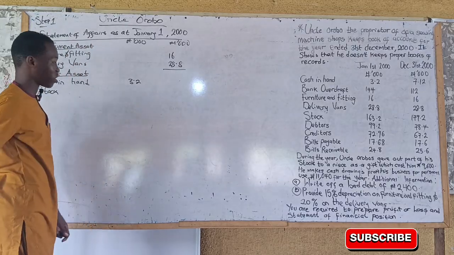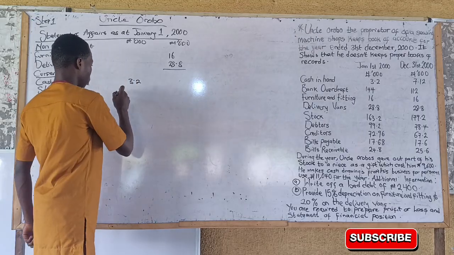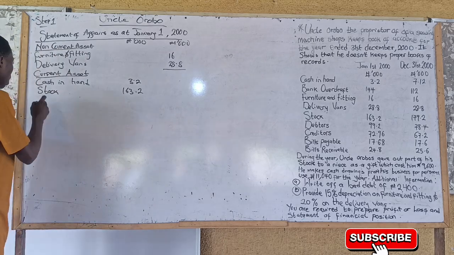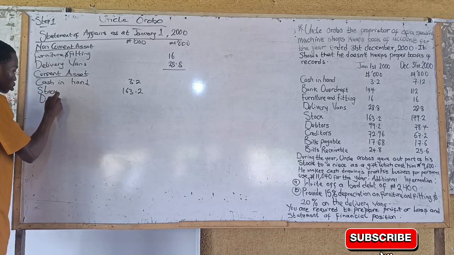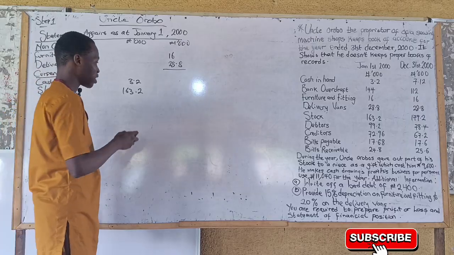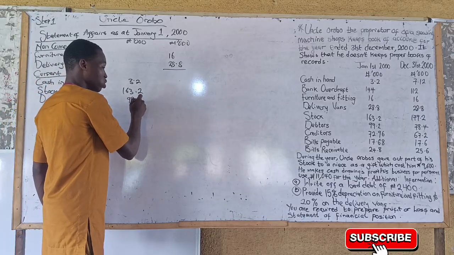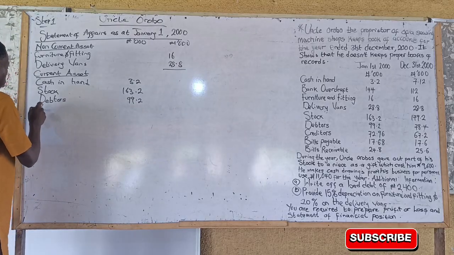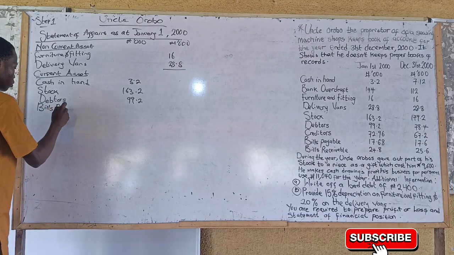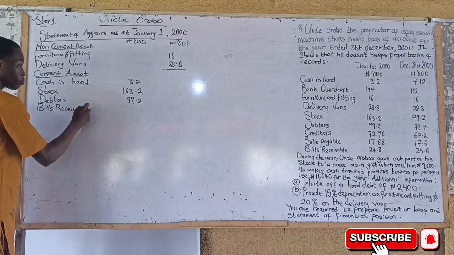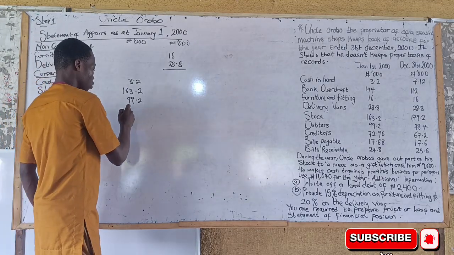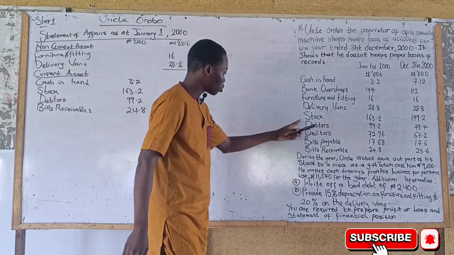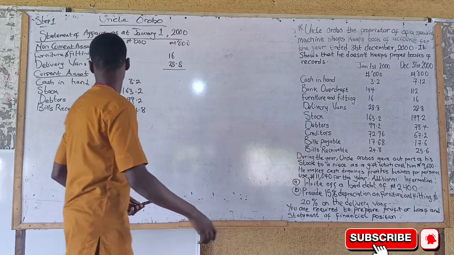Stock is also known as inventory, and that is 63.2. We also have debtors, and that is 99.2. We have bills receivable, that's 24.8. So we are done with these.